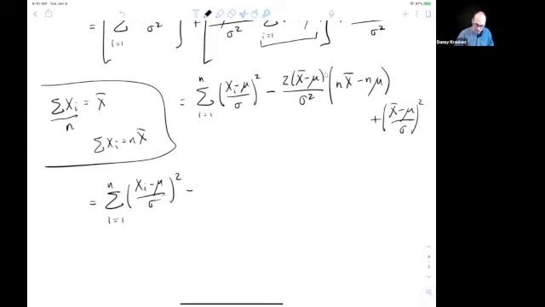So this gives me a 2n over sigma squared, and then let me just write it a little bit differently. I get a 2n, and then I get an (x bar minus mu) squared over sigma squared.